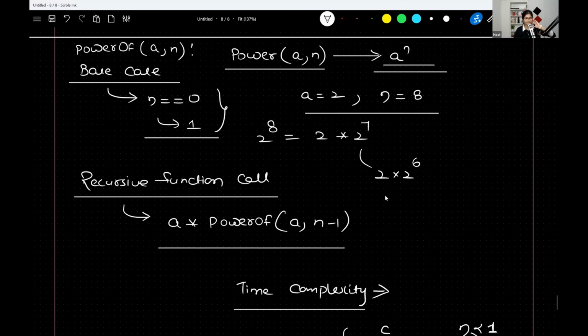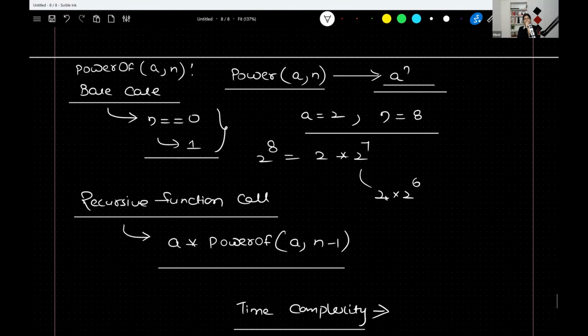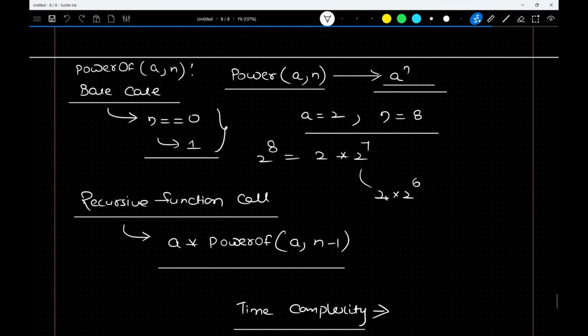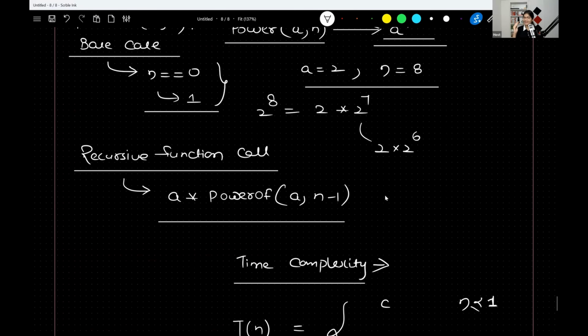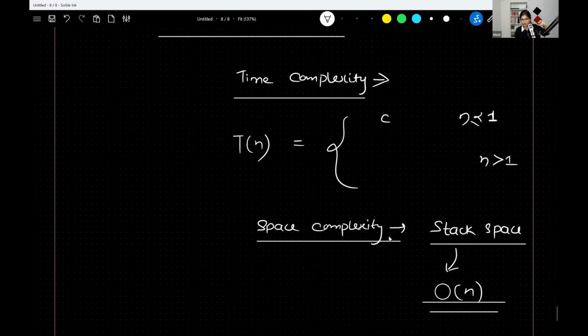See what you are doing here. We are reducing the power by 1. Very good. So it remains the same, because you reduce the power by 1 each time and do a constant task, the multiplication with 2. So it is T of n minus 1 plus a further constant task. Overall it is a linear task, linear for both the time and the space part.